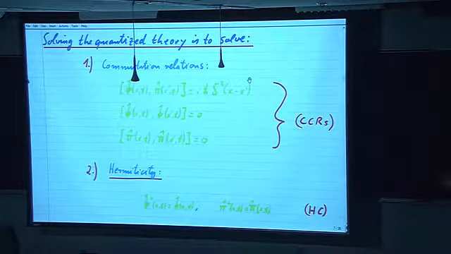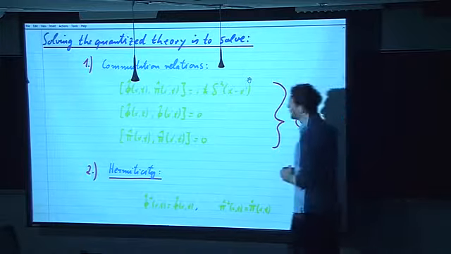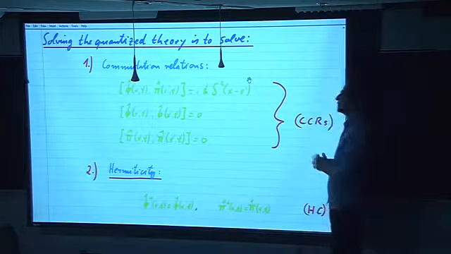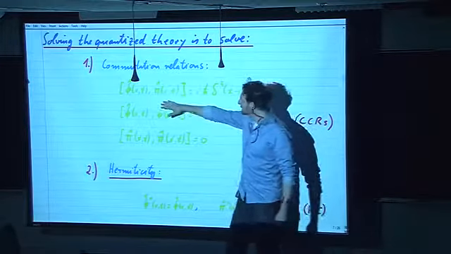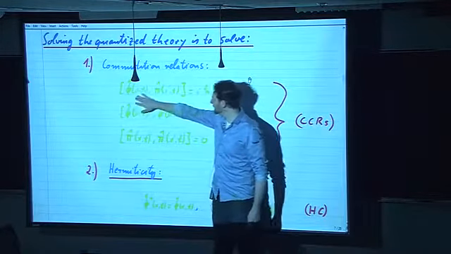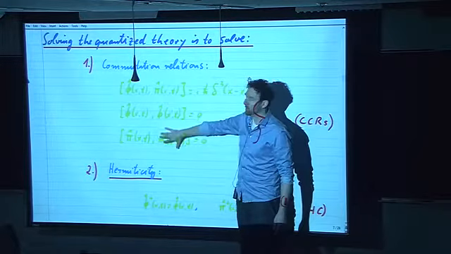This amounts to the following. The second quantization amounts to solving three problems. The first is to find operator-valued fields phi hat and pi hat which obey the canonical commutation relations.